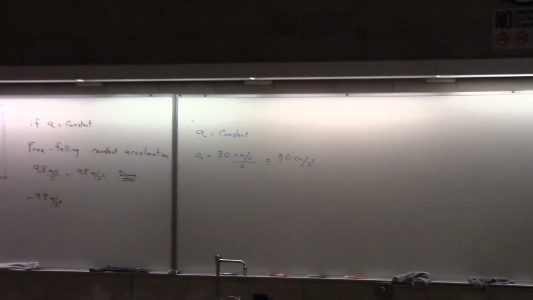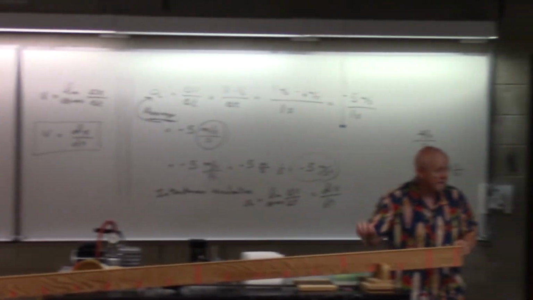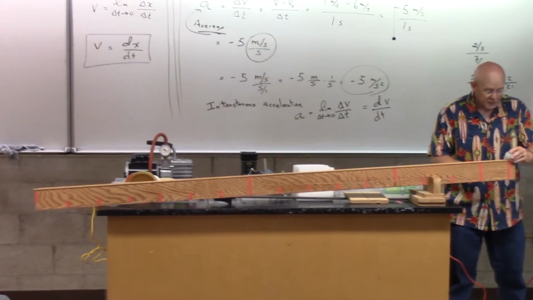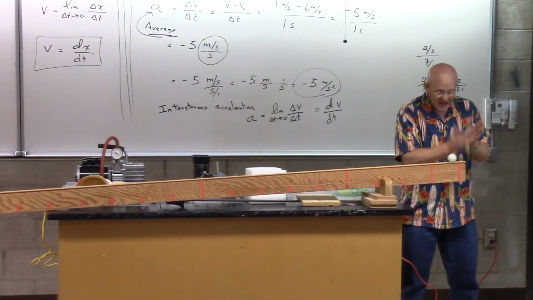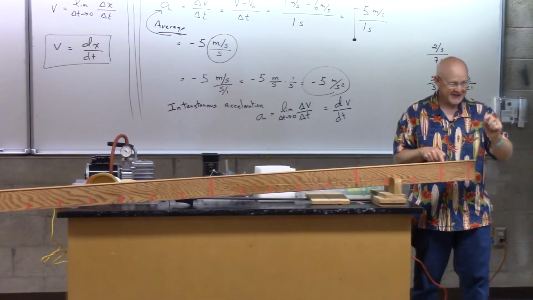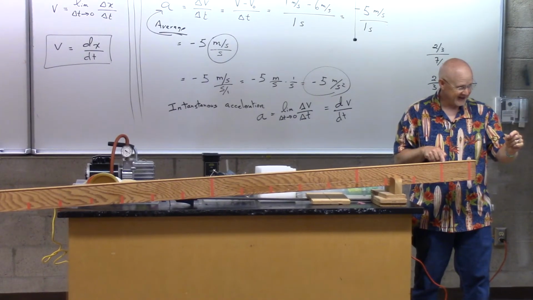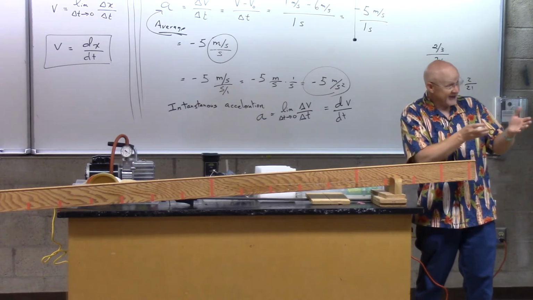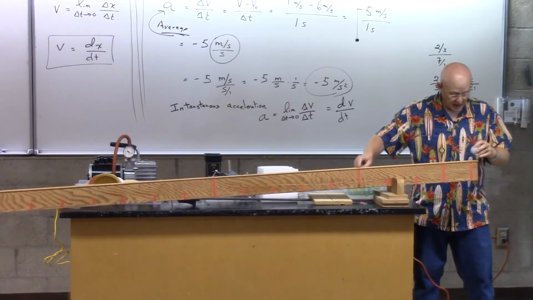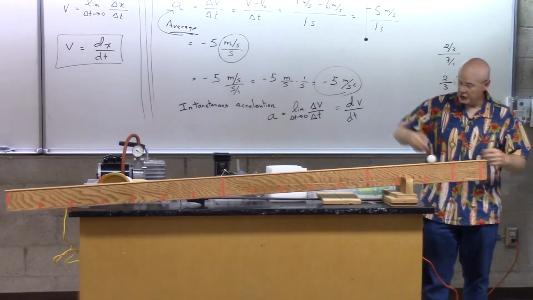If we start here at the top, right when I let it go, I would say, okay, that's 0 speed right here. And 1 second later, it's here. So here's 0 speed, and a second later, it's here. So when it gets here, it is now going 30 centimeters a second. Okay, that makes sense. It changed by 30 in 1 second. And at number 2, it's right here. Watch. 1 1,000, 2 1,000.